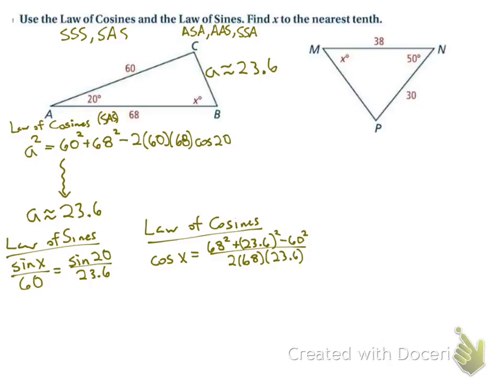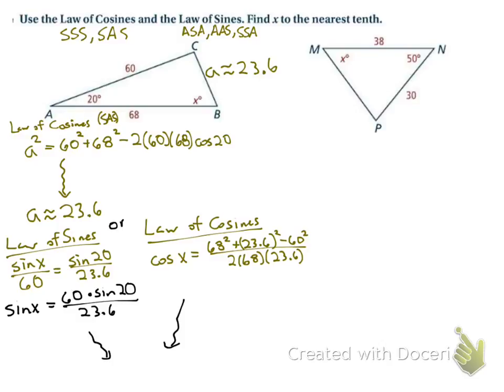That, I'm going to get a decimal, and then I'm going to do cosine inverse of. Here, you're going to do cross product, and you're going to have to do sine inverse of something. It doesn't matter which one you do. You should do one of them, and you should have someone else do another one and see if you get the same answer. That'd be a good way to check.